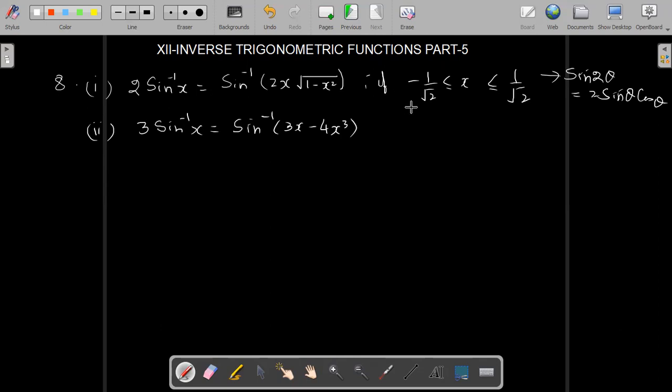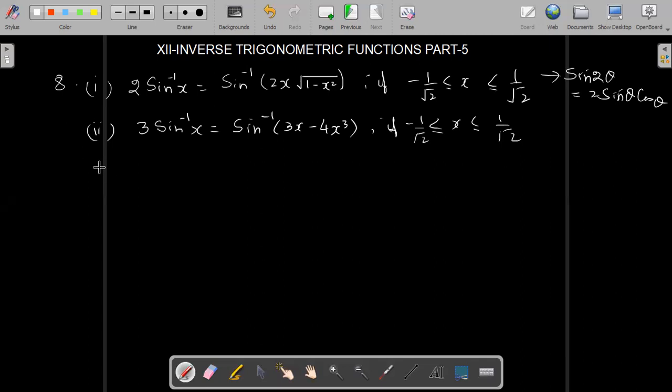Here also subject to the same condition, x should be greater than or equal to minus 1 by root 2 and less than or equal to 1 by root 2. So 2 theta and 3 theta I am writing together for sin, cos and tan.